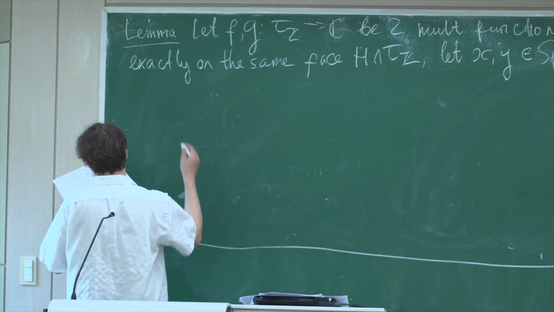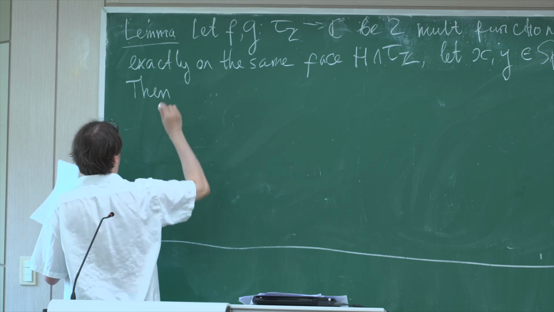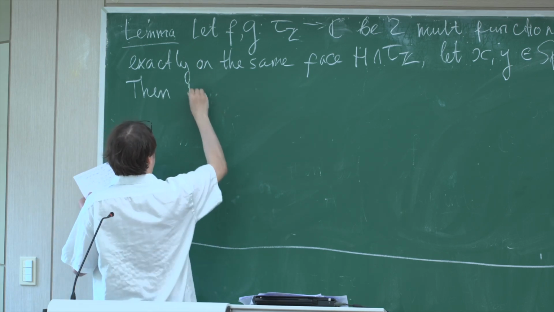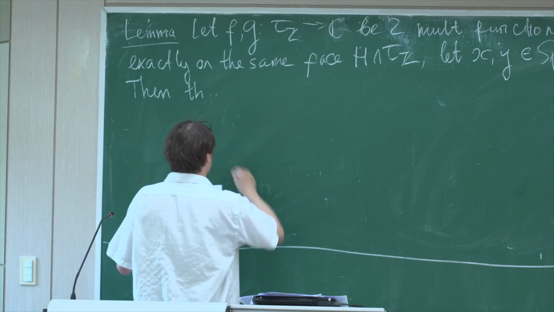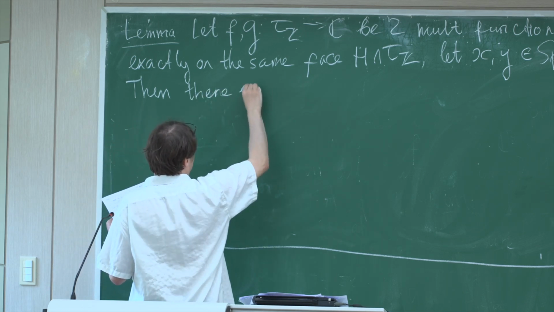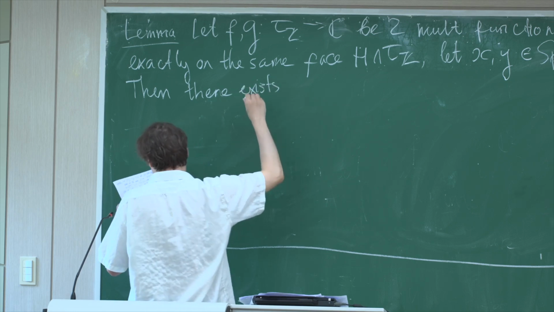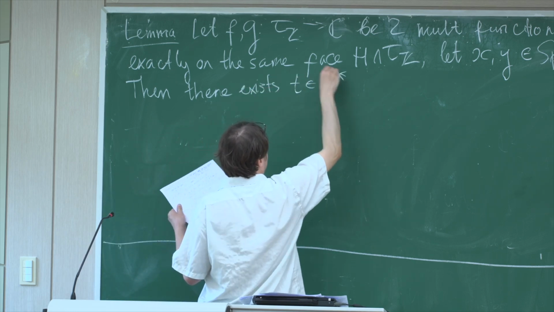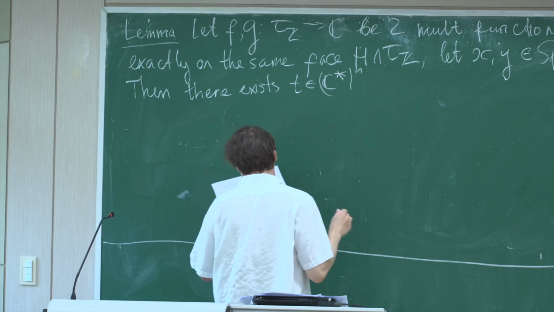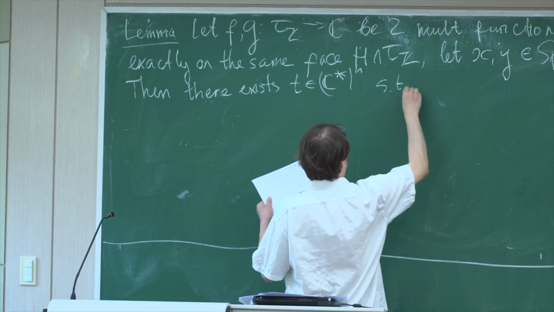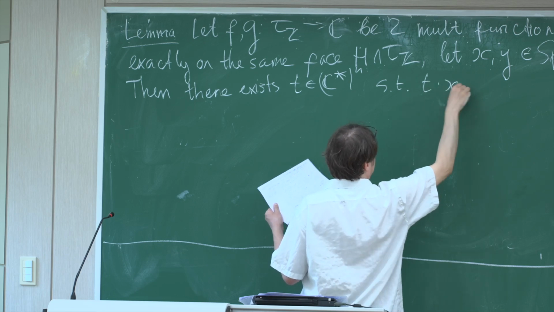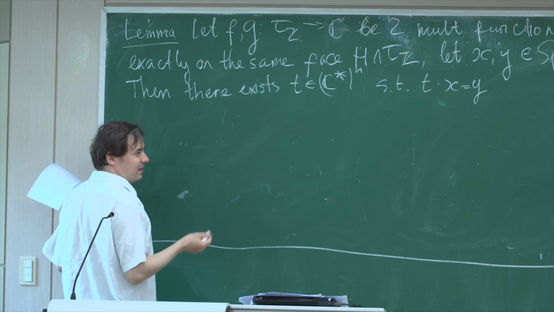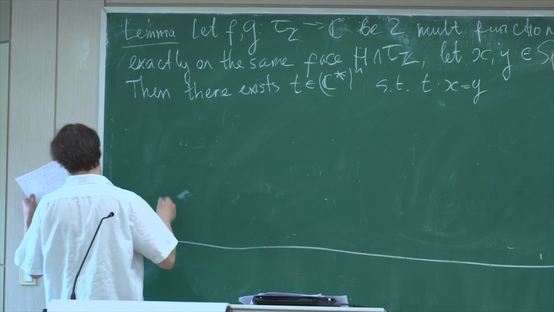Then I claim that we can move x to y. There exists an element of the torus such that t dot x is y. So here we don't prove it very carefully like there, we just state an idea.